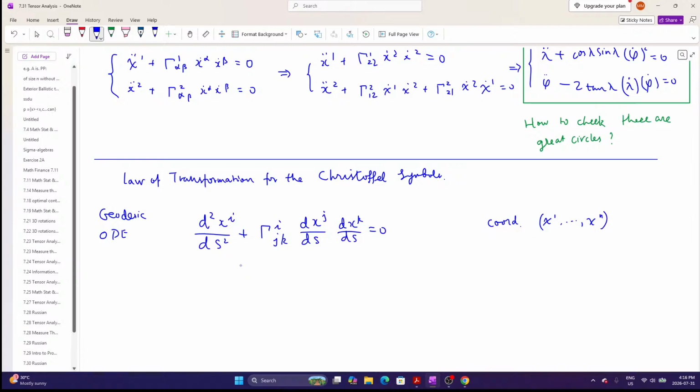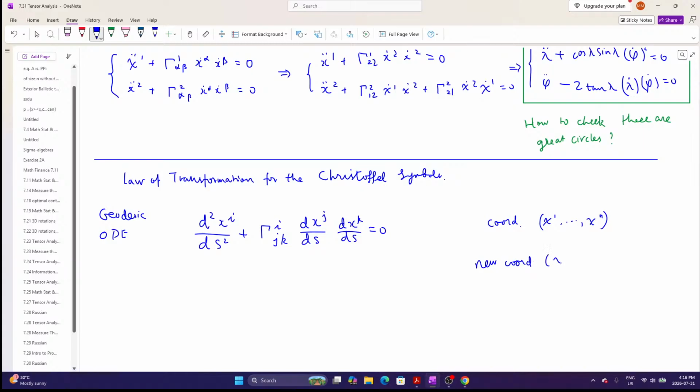What about a new coordinate? This is our new coordinate. The law of transformation is all about how a multi-dimensional array behaves under a new coordinate system. So we want to connect these two.